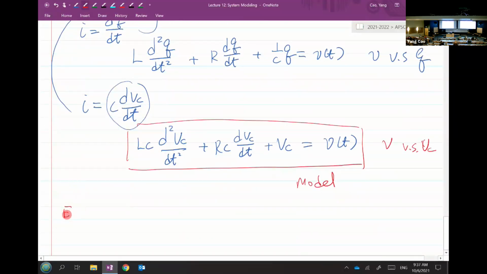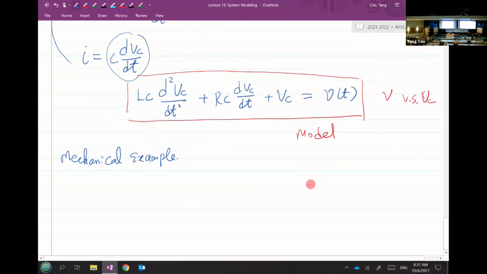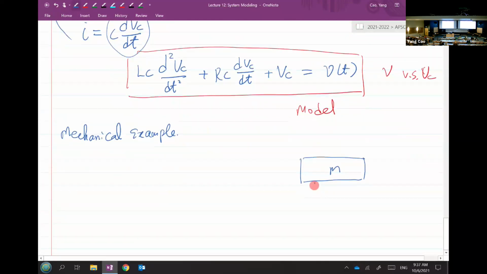All right, so now let's take a look at a mechanical example. Let's look at a mechanical system. This system is the typical mass spring damper system.